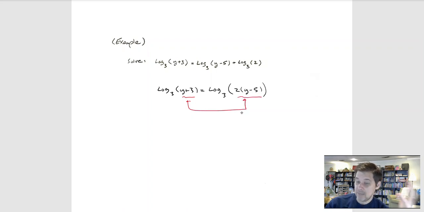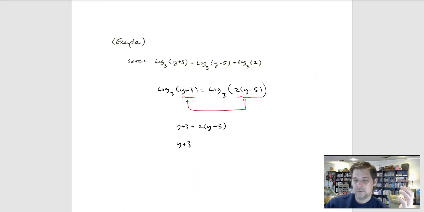They have to match. How else could these two things on either side be equal to each other, as the equation says? All right, so I get y plus 3 equals 2 times y minus 5. I'll have to solve it from this point, but in this case, that shouldn't be that hard to do.